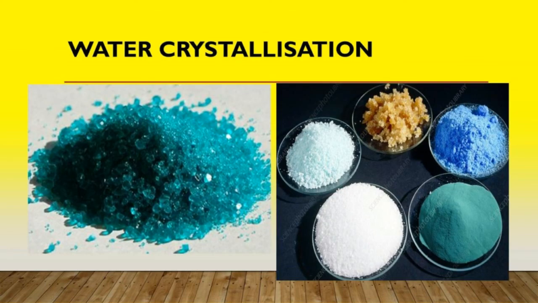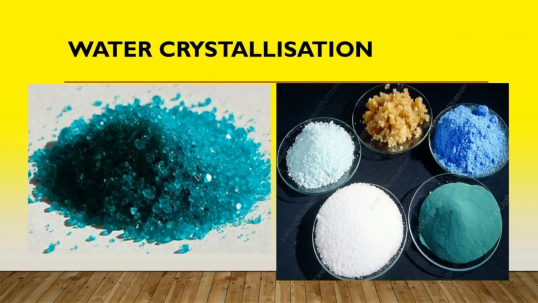Water of crystallization. All the salts are crystals in shape. The water molecules held within the crystal are called water of crystallization. The other name is hydrated salt. The number of molecules of water is indicated after a dot when writing the chemical formula.